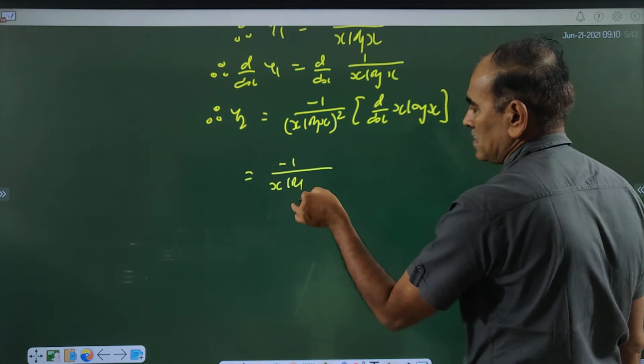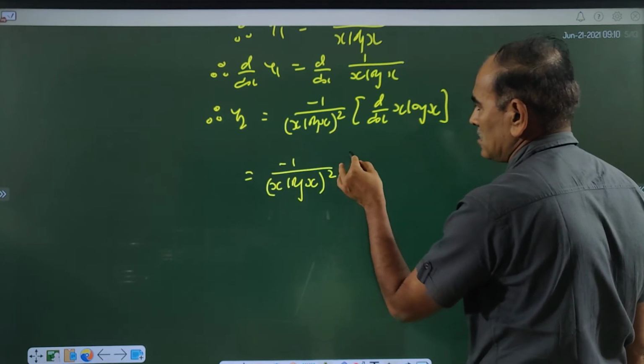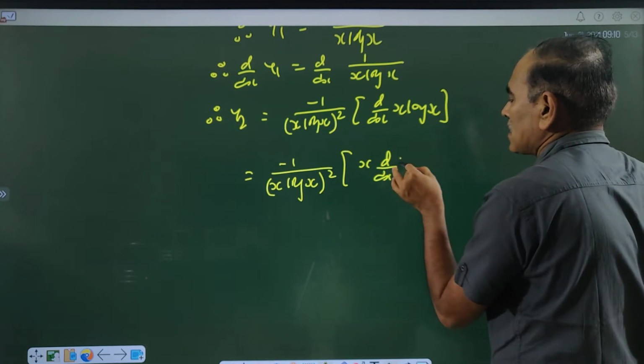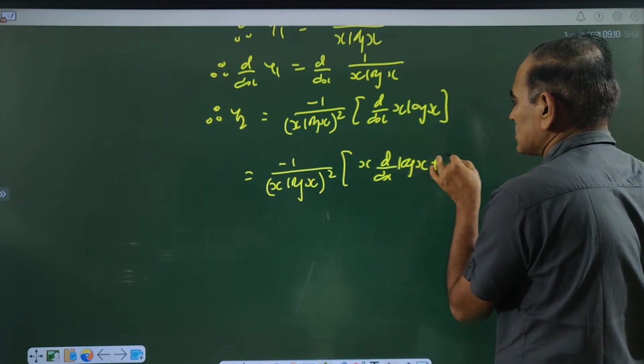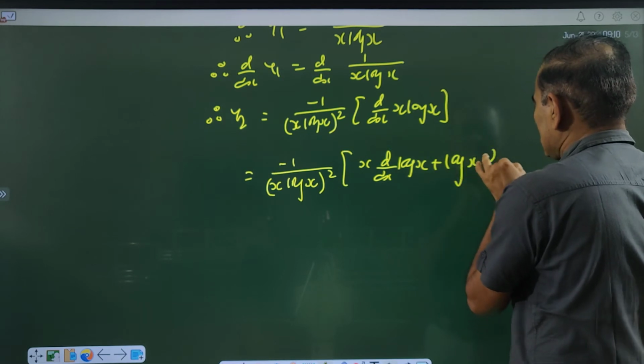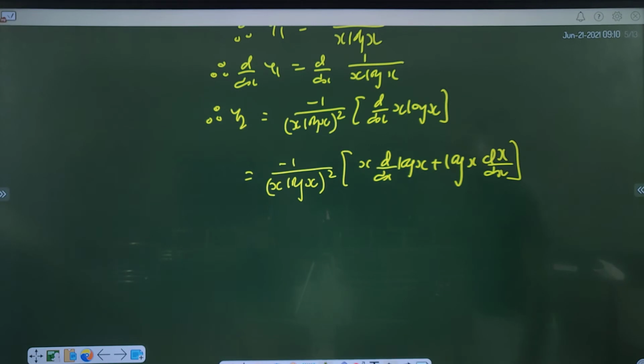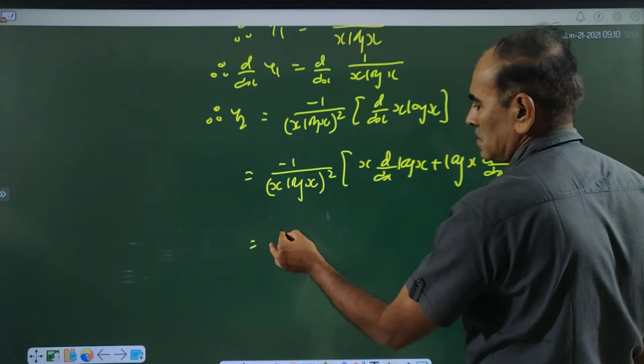Minus 1 upon x log x whole square. x log x is the product: x is as it is, d by dx of log x, plus log x into d by dx of x. So what we get?